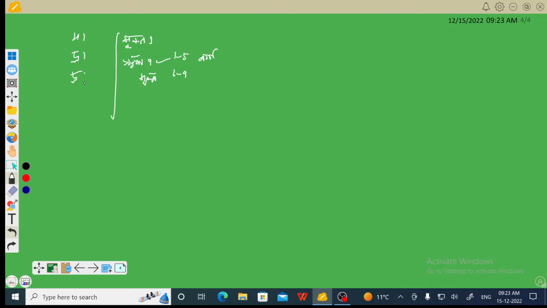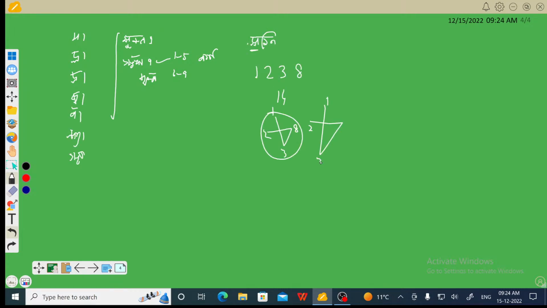This will take us to 1, 2, 3, and 8. Summation value is 40. Cyclic organization is 1, 2, 3, and 8. And it is 1, 3, 8, and 2. So it is this reach 1, 2, 3, and 8.